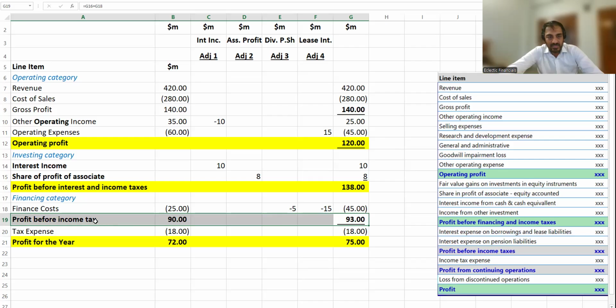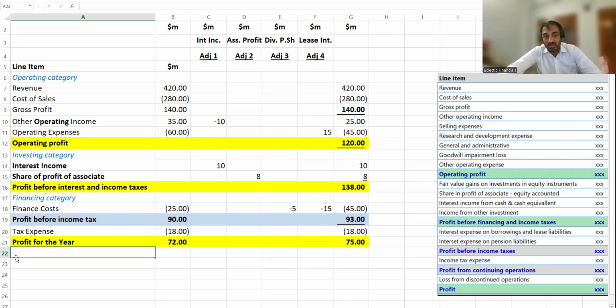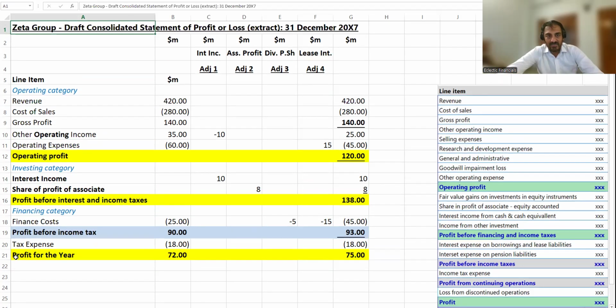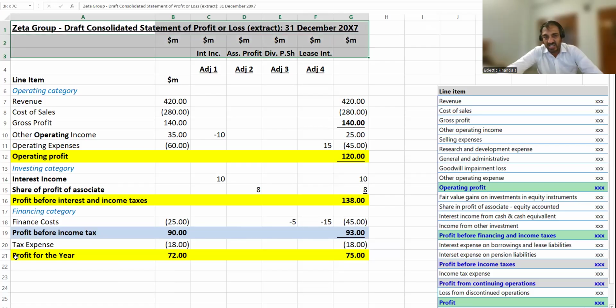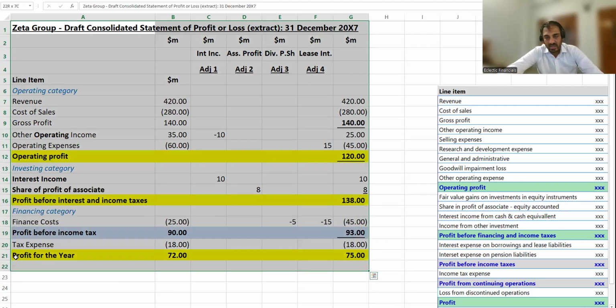Here the total profit before income taxes is not mandatory. Okay, that's important. So that's a point. That's a pre-populated practice question where you people have realized how pre-populated matters can be examined.